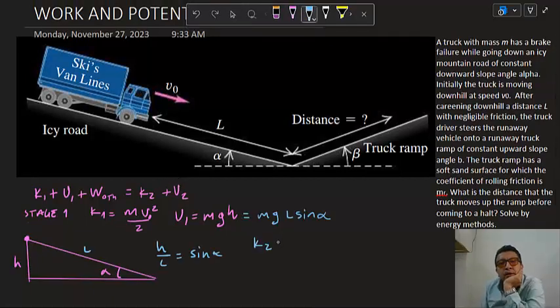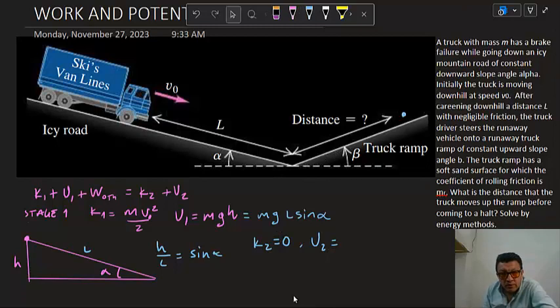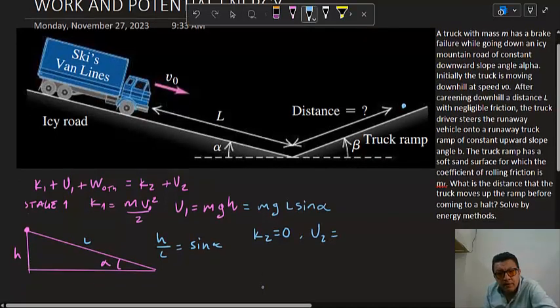Lots of students ask me why we don't have kinetic energy in the second stage. Because the second stage contemplates the final moment when the truck, viewed as a particle, has zero velocity. So with zero velocity we don't have kinetic energy, but we have potential energy, which is calculated by the same triangle but in opposite direction.